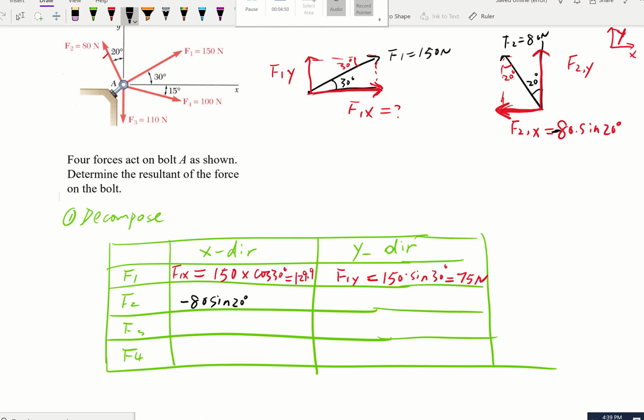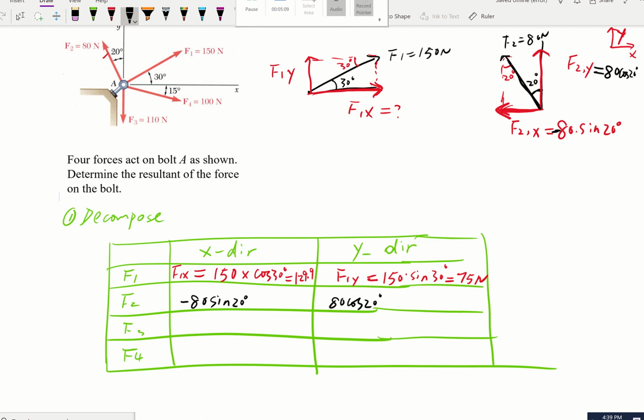Now let's look at F2y. F2y is the hypotenuse, 80 Newton, times cosine 20, since this angle is adjacent. So it's 80 times cosine 20.